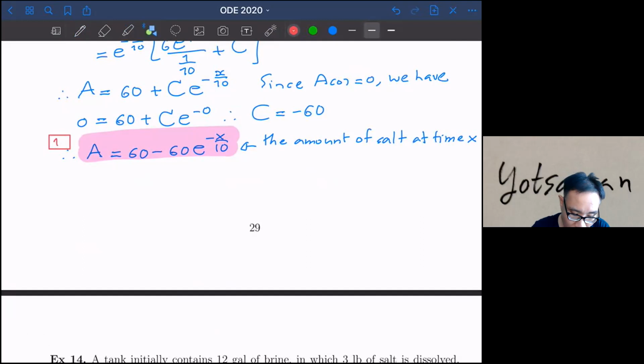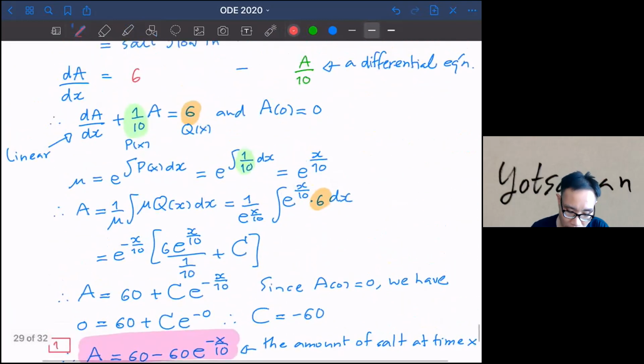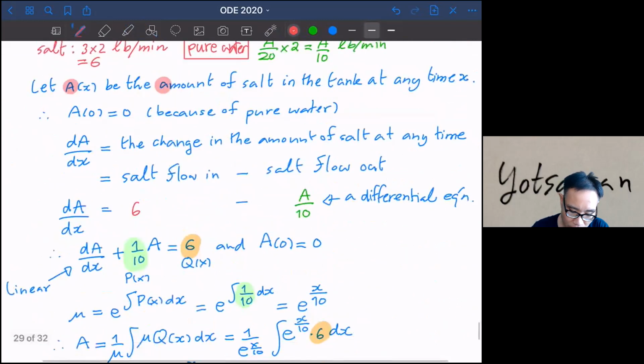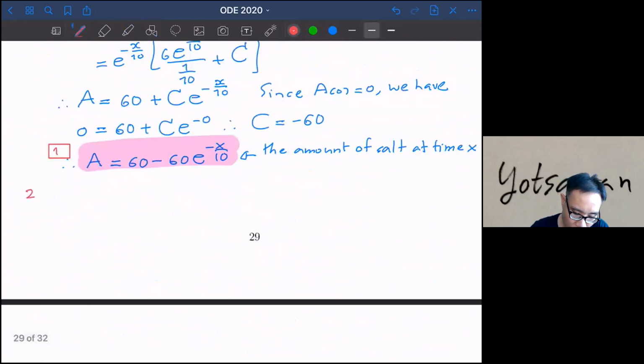The second one will be the amount of salt at the end of half hour. Okay, so for number 2, you have half hour. So you get t equal to 30.